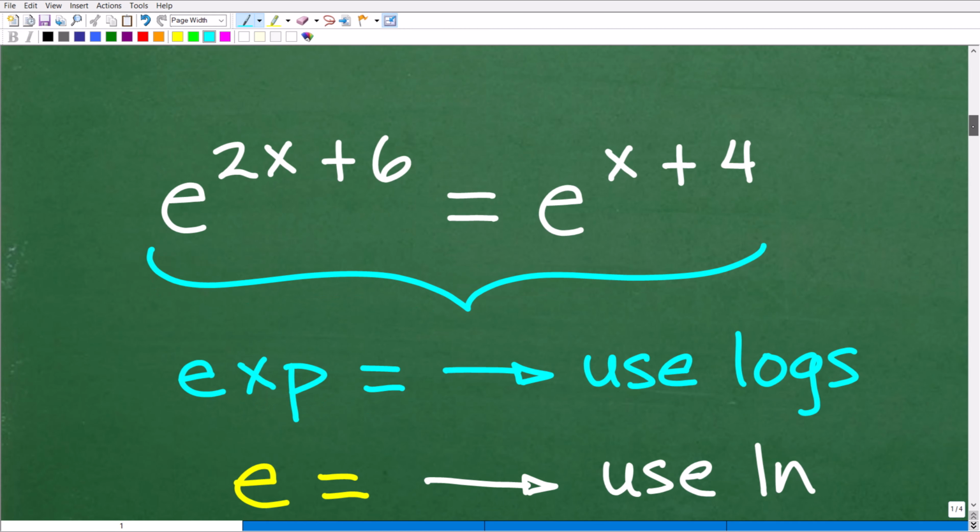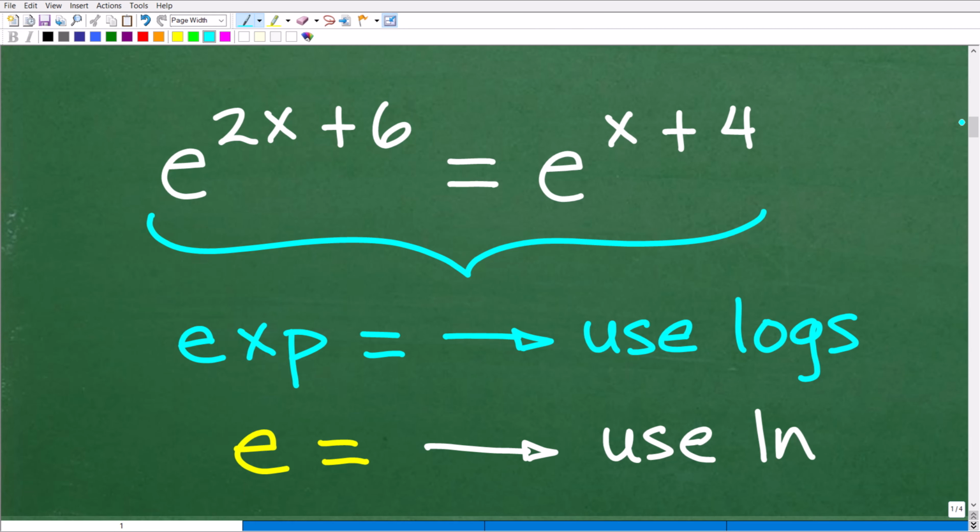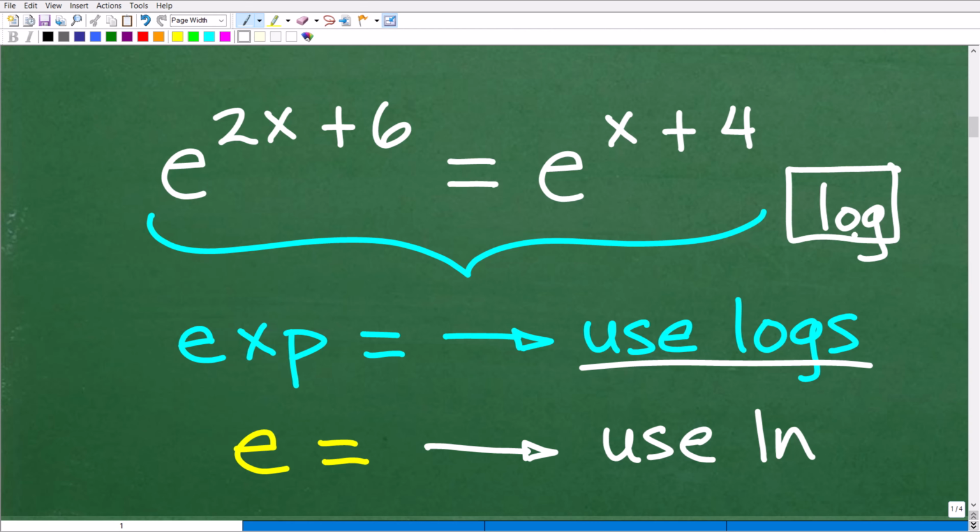When you have an exponential equation, typically you're going to use logarithms to solve it. If you look on your scientific calculator, you have two buttons, the log button and this other button, which we call ln. You'll use these two logarithmic functions to solve exponential equations.